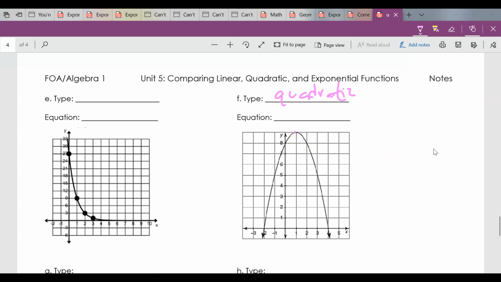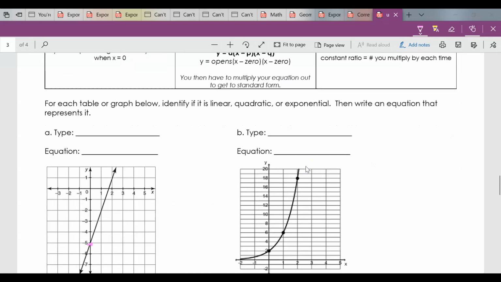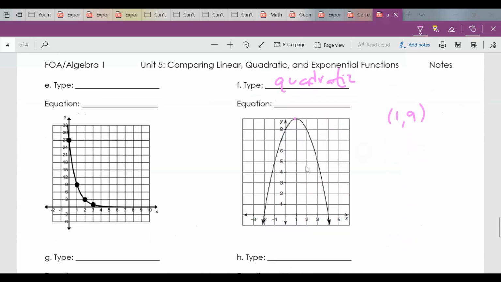And I'm going to label that the vertex was right here at 1, 9. Now I'm going to come back up here and use the vertex formula that they provided me with. And we are going to write this equation. So we remembered that A is going to either be positive or negative, depending on whether it opens up or down. So this one opens down. So it's going to be a -1.